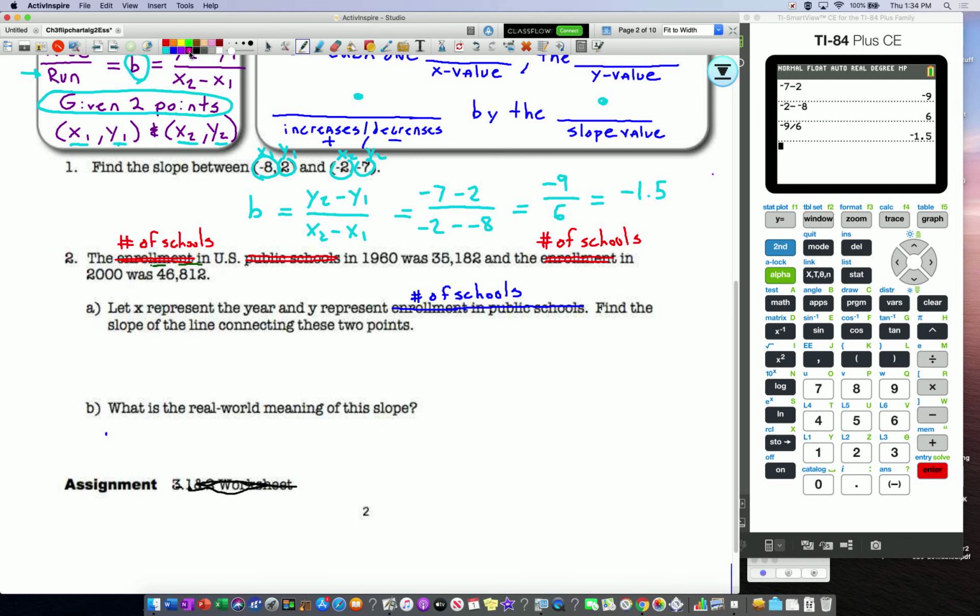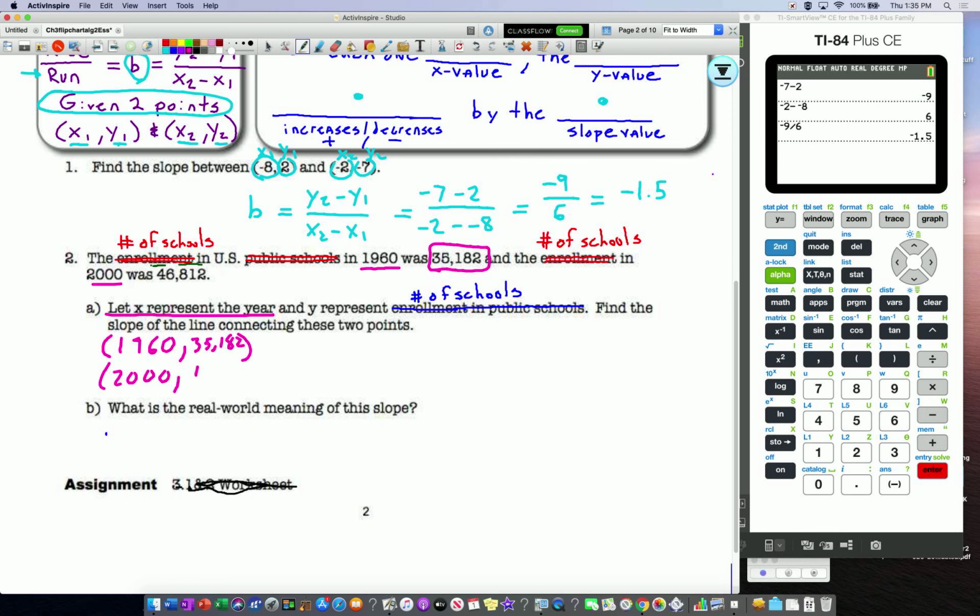So let's first define the two points. In 1960, since x represents the year, 1960 is my x, and the number of schools was 35,182. Sorry, I just want to put a comma there. Now, in the year 2000, whoops, I started writing 2020 because I started thinking of this year.